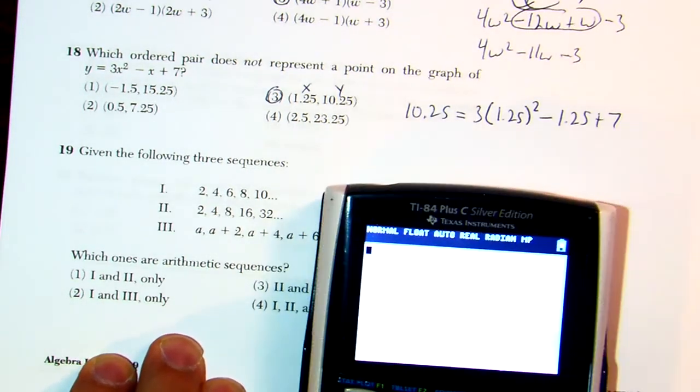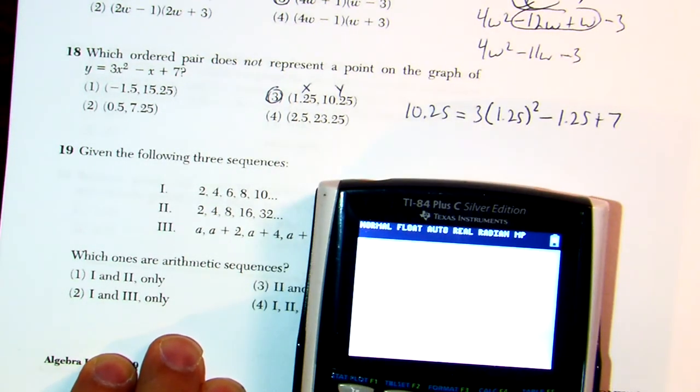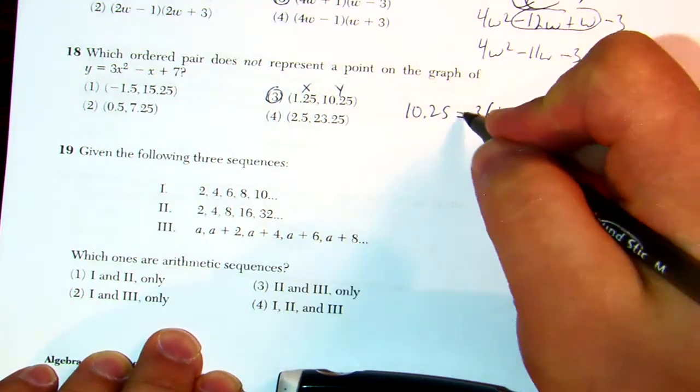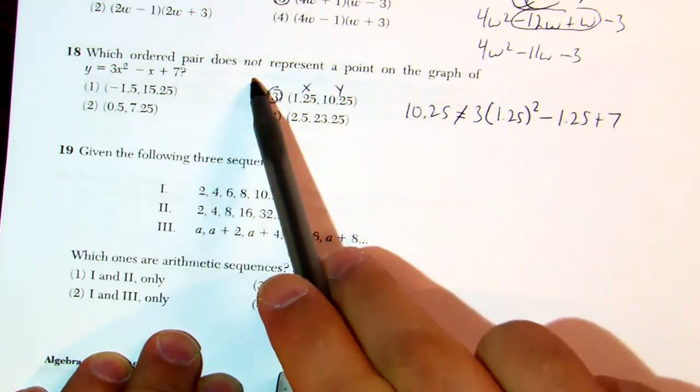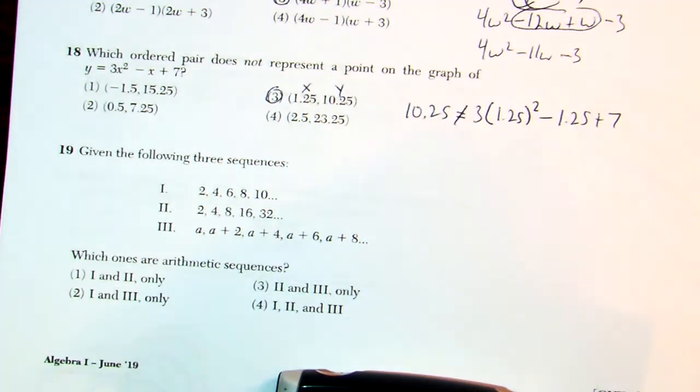We have 3 parenthesis 1.25 squared minus 1.25 plus 7. I hit enter. It is not 10.25, it's 10.43. So I know those are not equal, and they want to know which one does not represent. So that's why it is choice 3.